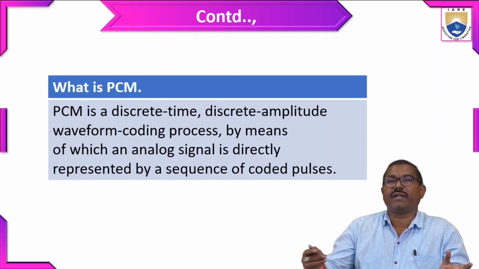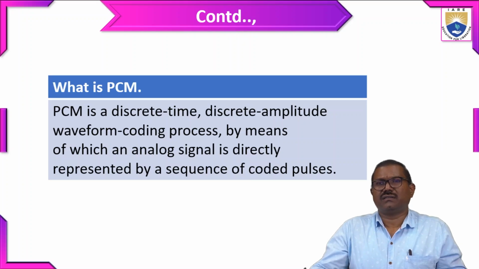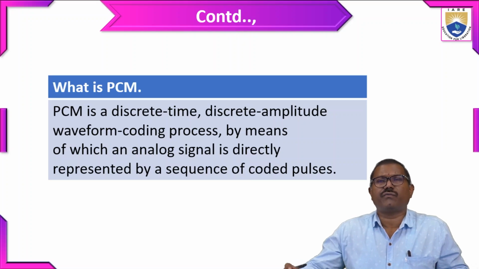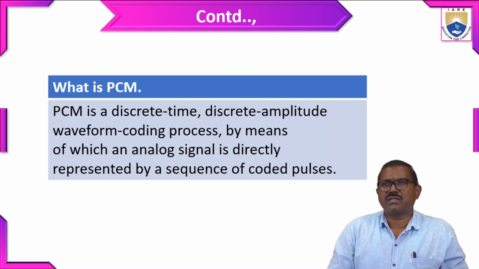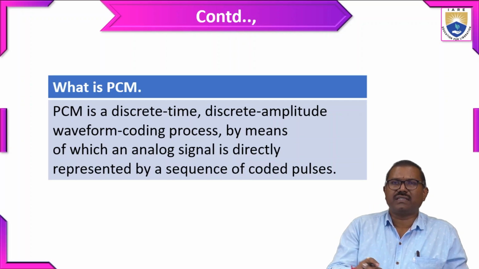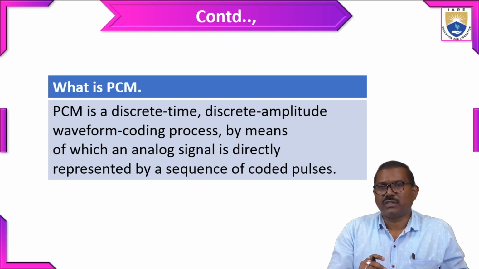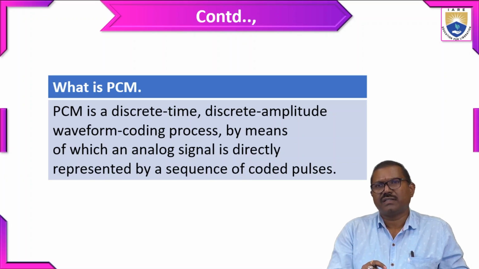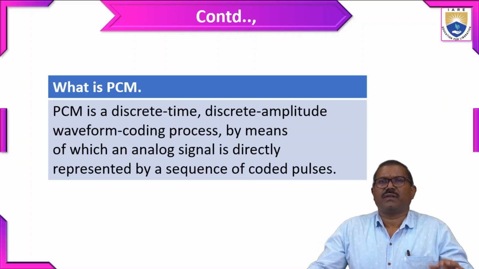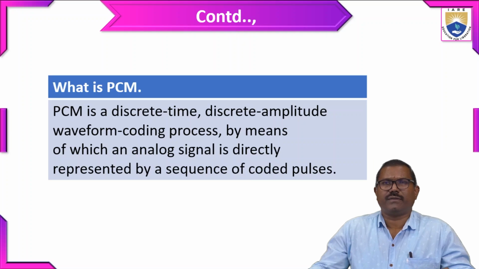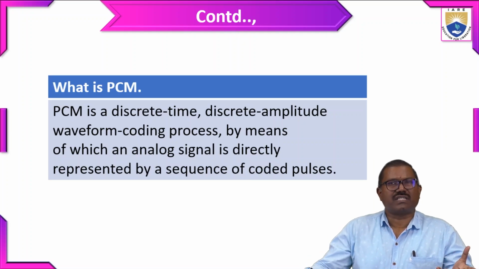So it is a discrete time, discrete amplitude. That means when the signal is in pure discrete form, both in time and amplitude, we can apply the encoding process. Then it is converted into a digital one.